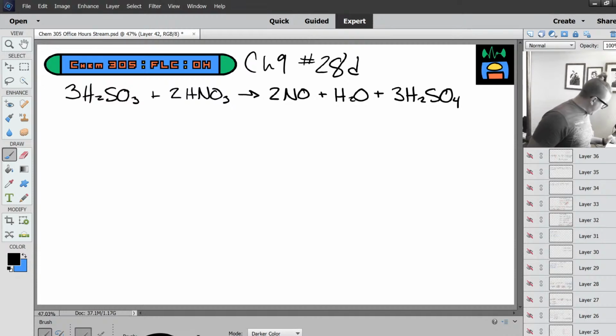Okay, so we're asked to identify what is oxidized, what is reduced. So we have a ton of oxidation states to assign.